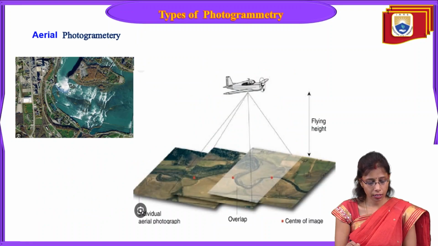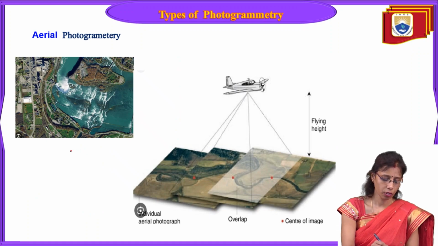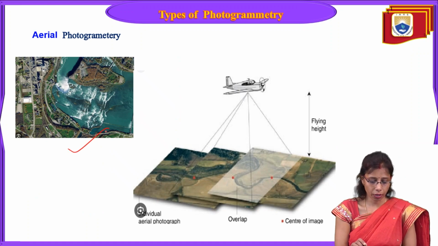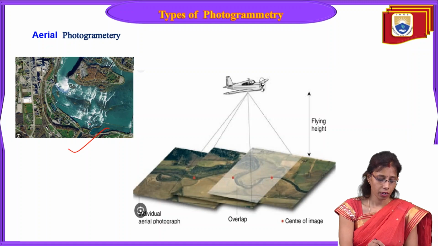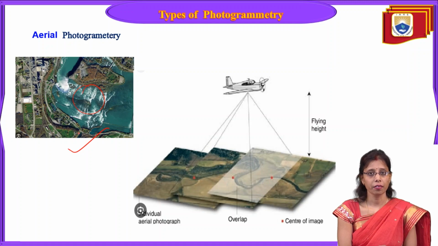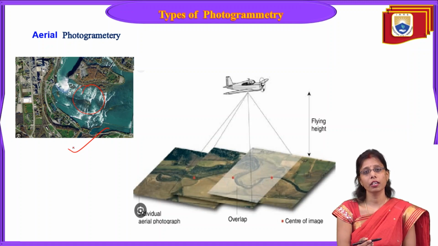Now looking at these images, this is aerial photogrammetry, what we were just discussing. Here the platform is air. This image is captured from the air at a distance of 3, 4, or 10 kilometers, right?